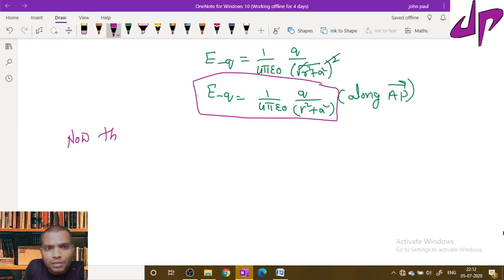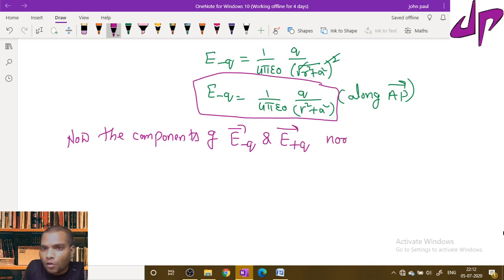The components of the electric field due to the minus charge and the electric field due to the plus charge, normal to the dipole axis, will cancel.